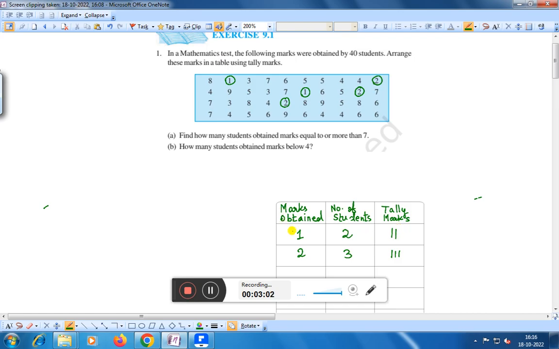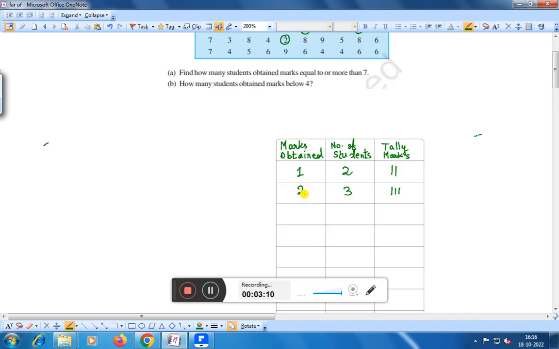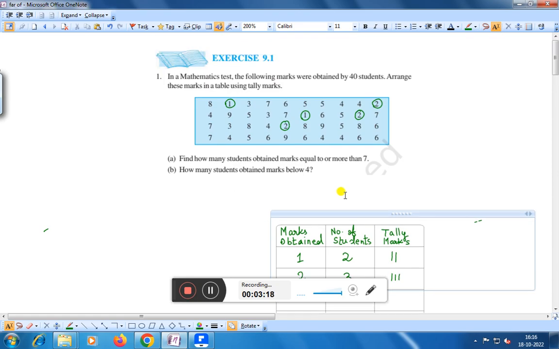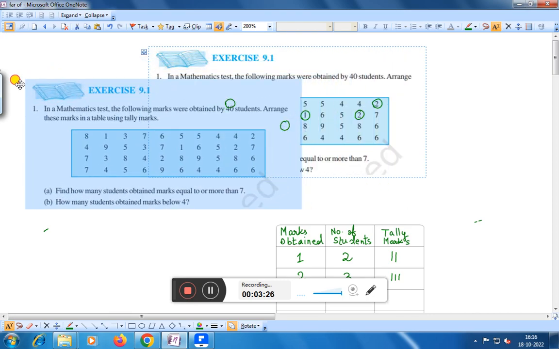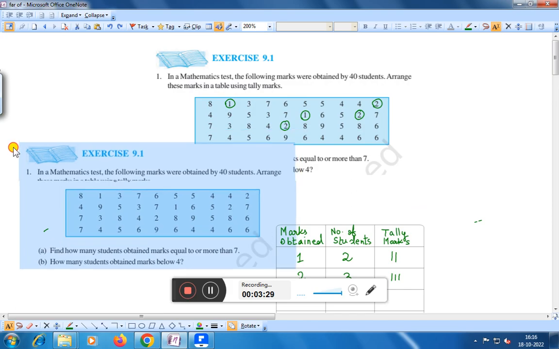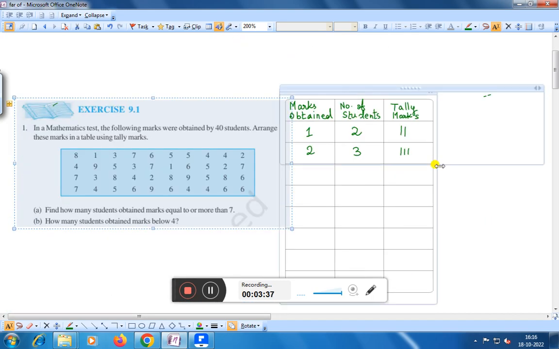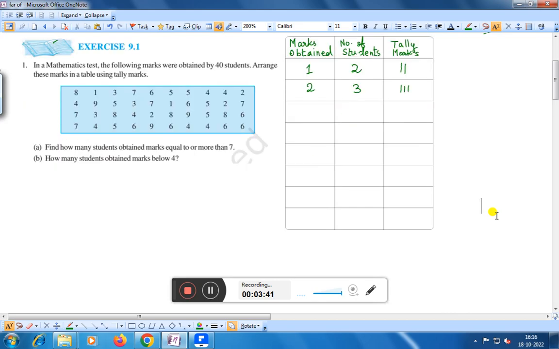Now, marks obtained 3. How many students?